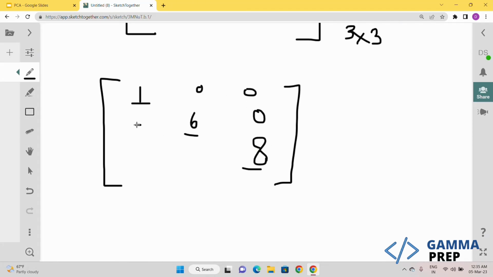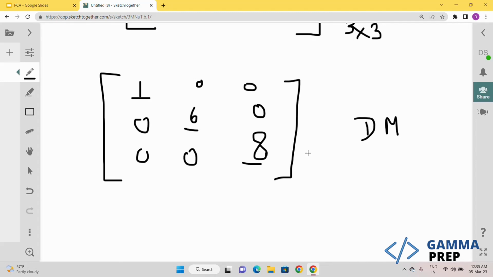Only the primary diagonal elements are non-zero and the rest is 0. So this is a diagonal matrix. All the square matrices are not diagonal matrices, but all the diagonal matrices are square matrices.